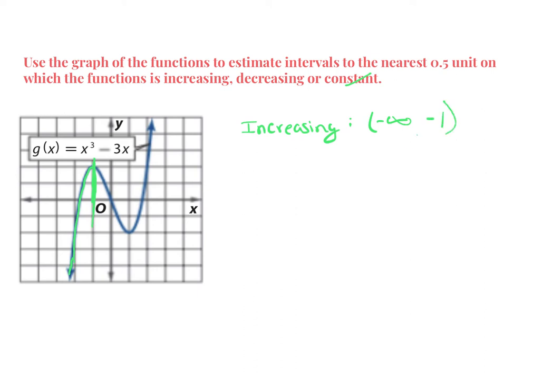All the way up to negative 1, my graph is increasing, and then it is decreasing from negative 1 all the way up to this point, which is positive 1. So it is decreasing from negative 1 to positive 1, and then from positive 1 to infinity, it is increasing again. So there are two intervals where my function is increasing and only one interval where my function is decreasing.